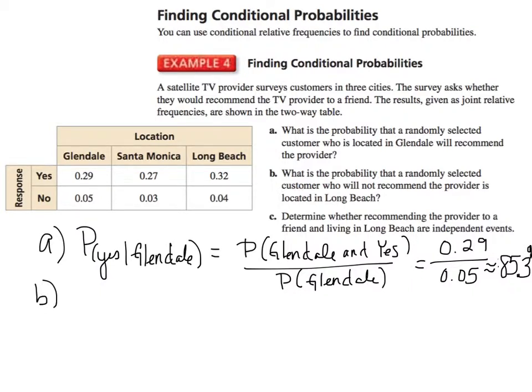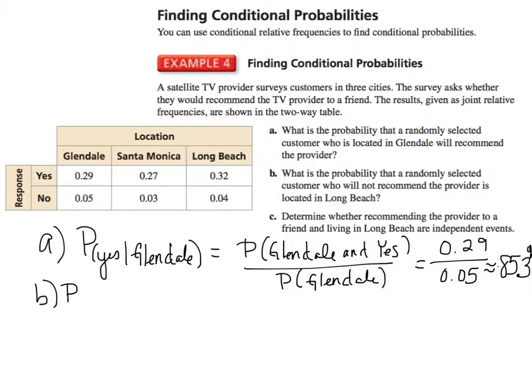B, we want the probability that a randomly selected customer will not recommend the provider is located in Long Beach. Now notice what it says here. In A, it said located in Glendale. That's why Glendale was on the bottom. It didn't say located in any city. So we don't need to add up everything. We just want Glendale.